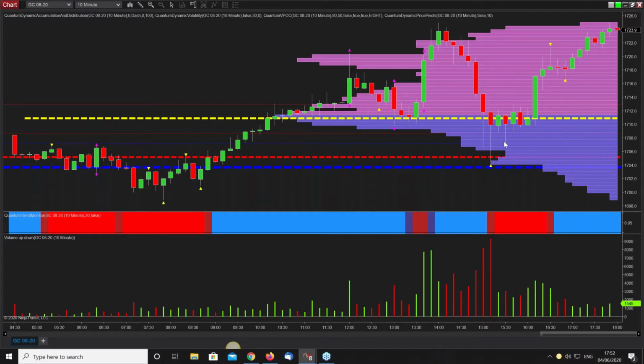Because this candle here is sitting in the same price area as this candle. So if you're seeing this amount of selling in this price region, and yet when you move two candles forward you see this amount of selling, what is that telling you? It's telling you that that selling has pretty much been absorbed. In other words, it's been soaked up. And that's what stopping volume is all about.